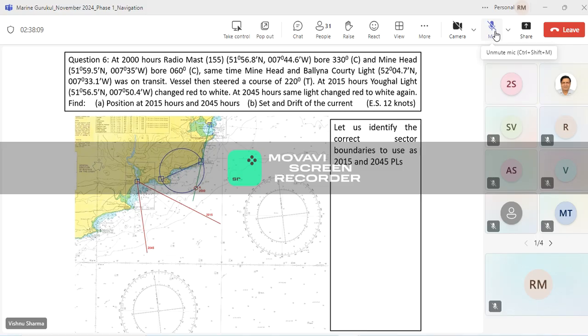So when you're steering 220 from point A, where will it change from red to white? Sir, as per me, it's supposed to be on 2. Red will finish at 2 and white will start at 2. You are looking at your chart? Can you look at your chart, please? Okay, look at your chart. Then you'll say, no, on screen, I was using the phone, I couldn't see the colors.